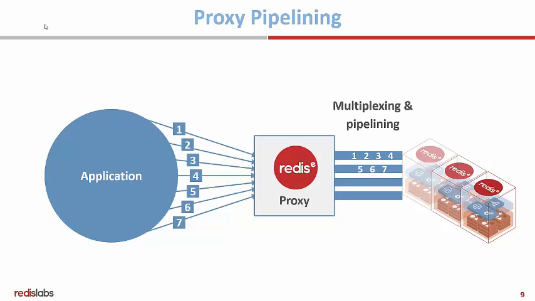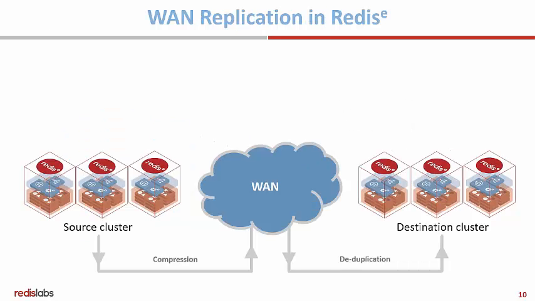So I'd like to go to the next slide and talk about one other aspect of the enterprise product in terms of scalability. So we have the ability to do WAN replication in Redis Enterprise. So if I had 2 data centers that were separated by a wide area network, in the enterprise product, it's extremely simple to spin up a new cluster and say, okay, this cluster, make it basically a carbon copy of the source cluster.